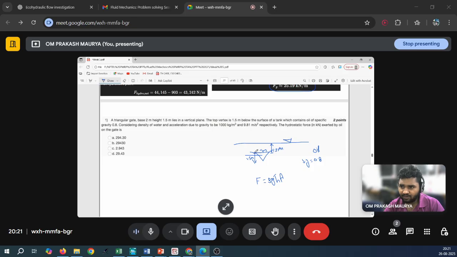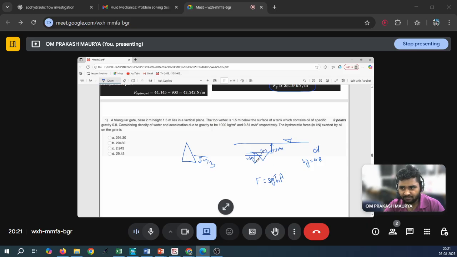Let me just, this is 1.5. If this is the triangle, so from here to here, h by 3. So the top vertex is 1.5 meter, though the diagram will be just opposite.